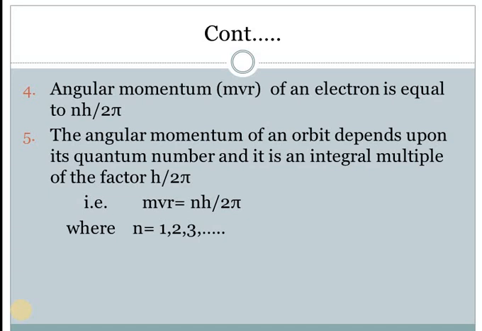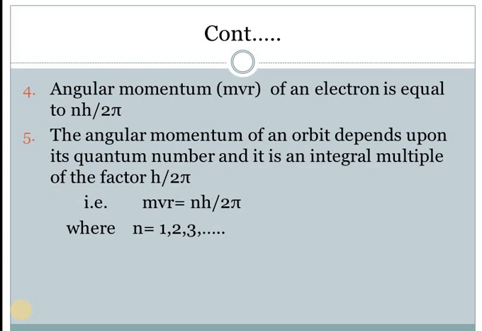What is meant by quantum number? This we will study in detail. This will be the last topic of this chapter, quantum numbers. Briefly, I'll just tell you what the quantum numbers are. They basically tell us about the shells or orbits, subshells or suborbits, and the orbitals over there.